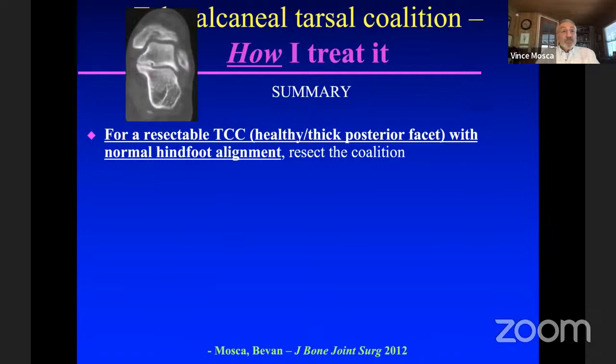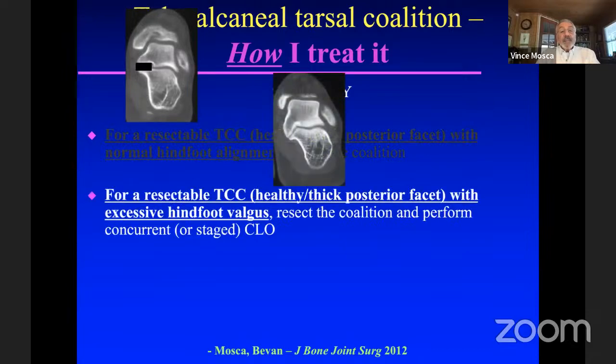In the first, you try to relieve the pain in a tarsal coalition, it's not relieved, so go to surgery. If the foot has a normal shape, no hindfoot valgus, a fibrocartilaginous middle facet coalition that's painful, and a thick posterior facet, it's a normal facet that doesn't move and will not hurt after resection. Resect the coalition.